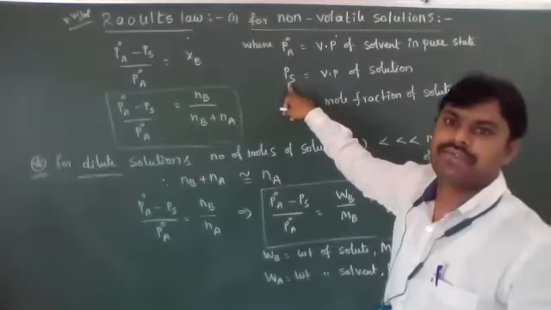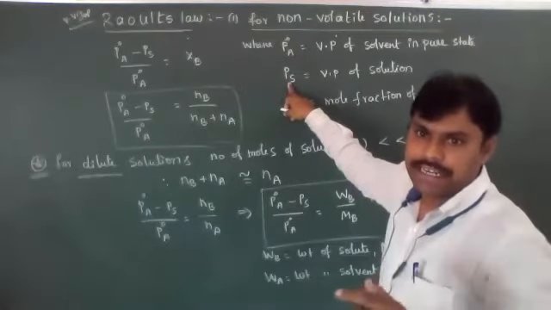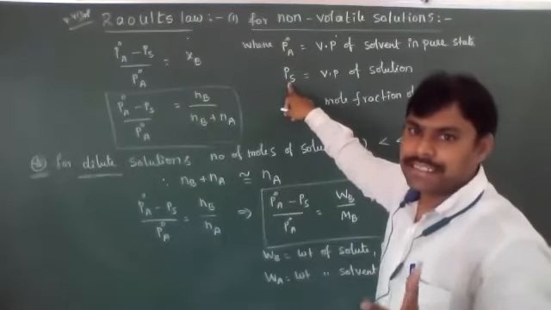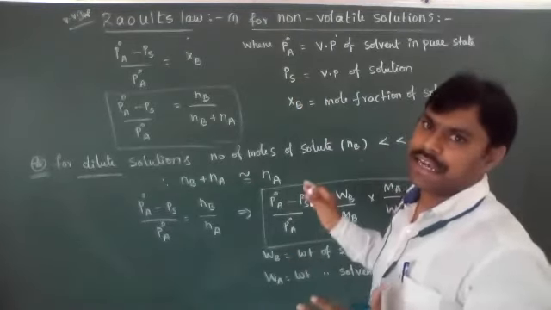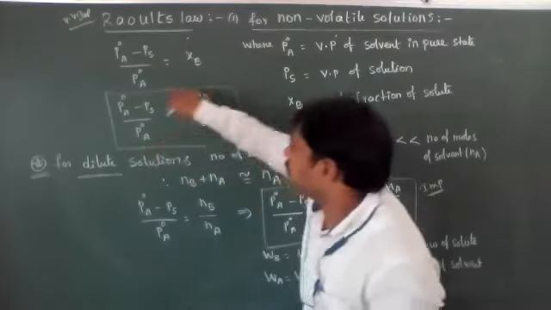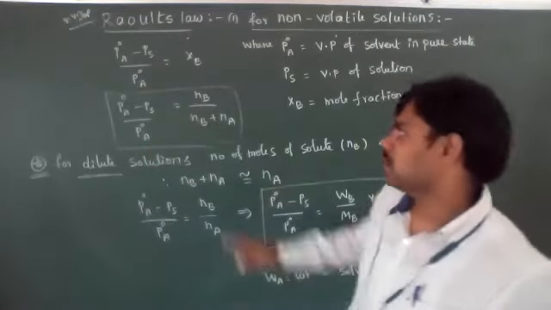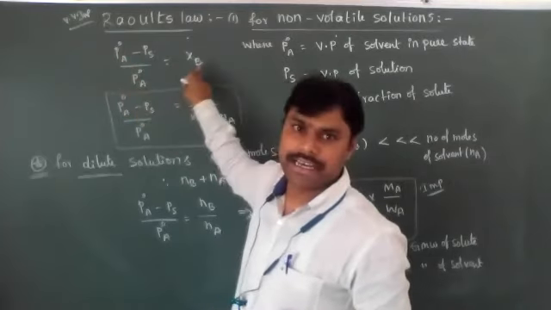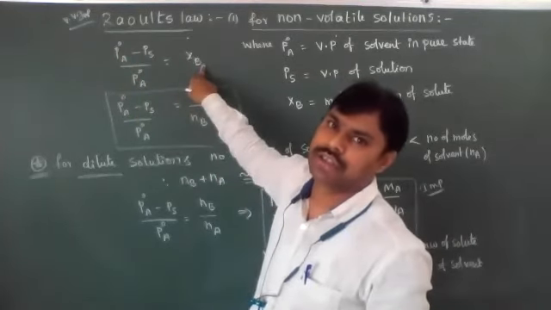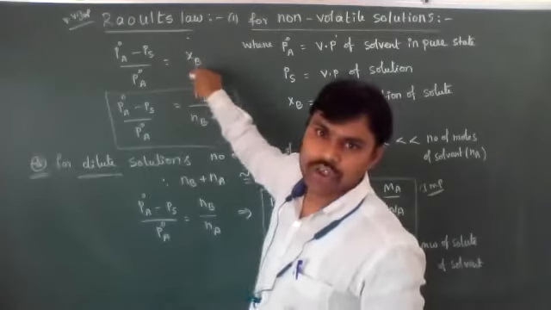Removing the proportionality, Ps is equal to P naught A into XA. Okay students, so (P naught A minus Ps) by P naught A is equal to the mole fraction of solute.